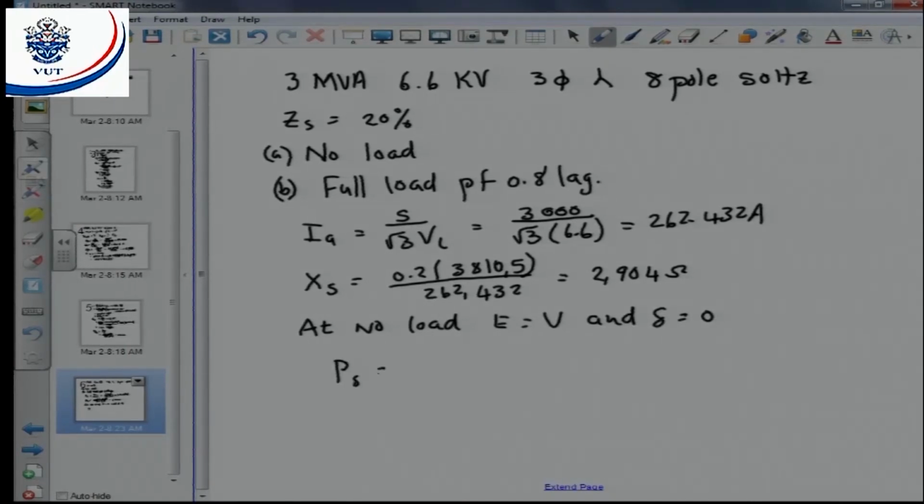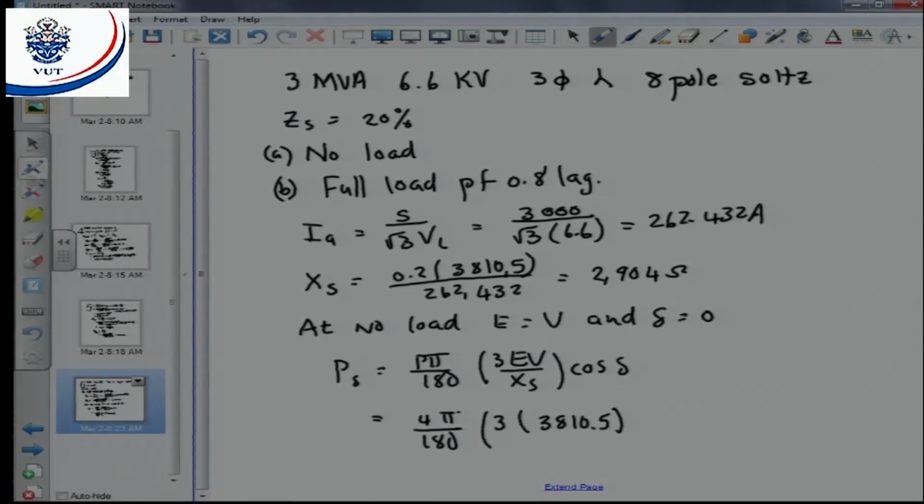Therefore, the synchronizing power is P pi over 180 times 3 EV over XS cos delta, which is 4 times pi divided by 180 times 3 times 3810.5 squared, because E is equal to V, divided by 2.904 times the cosine of 0.